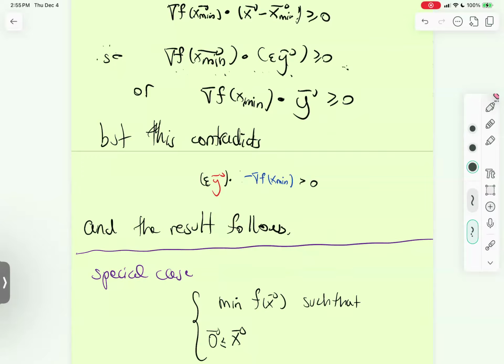Every variable is non-negative. So in 2D, you would be trying to find the minimum on the first quadrant. And in 3D, in the first octant. So with more variables, it's the generalization of the first octant, like a box.